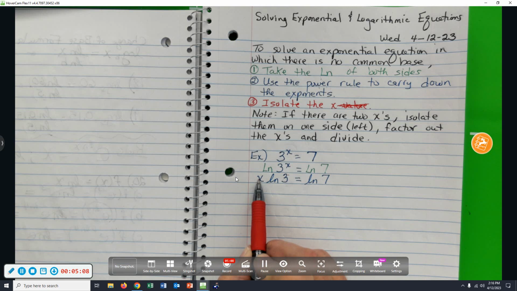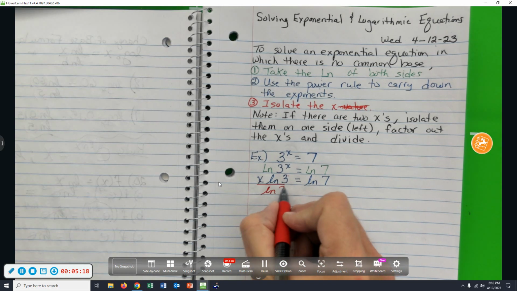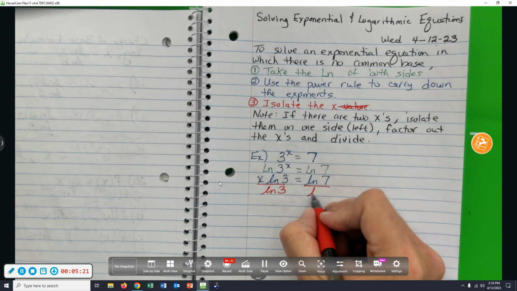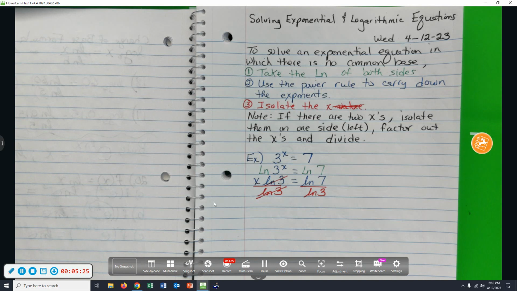If this is x times ln 3, what can I do to both sides to isolate the x? Divide by ln 3. So, what's our answer here? Well, x equals ln 7 over ln 3.